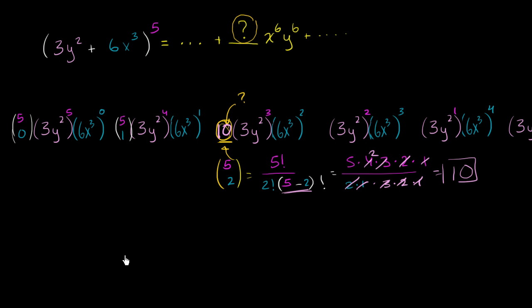Now, another way we could have done it is using Pascal's triangle. We could have said, OK, this is the binomial. When I raise it to the second power, 1, 2, 1 are the coefficients. When I raise it to the third power, the coefficients are 1, 3, 3, 1. When I raise it to the fourth power, the coefficients are 1, 4, 6, 4, 1.